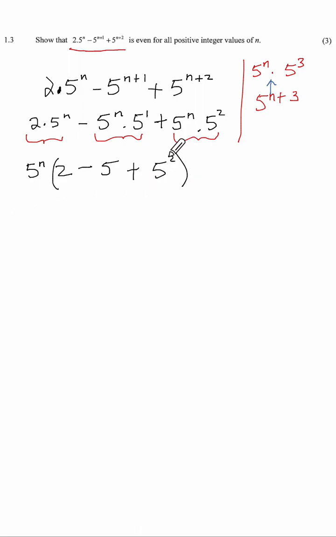Then I'm just going to work out the result from the parentheses to show that if I have an even number coming out of this, then I don't care what n is, whatever integer value it is. If this is an even number, then I have shown that this thing is even. So that's 5 to the power of n.